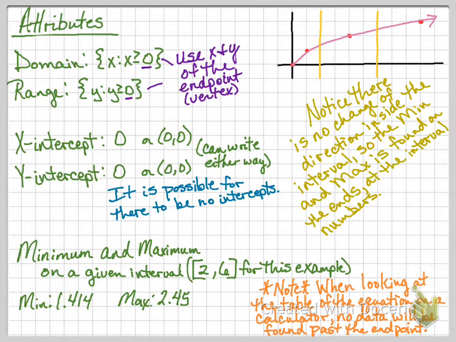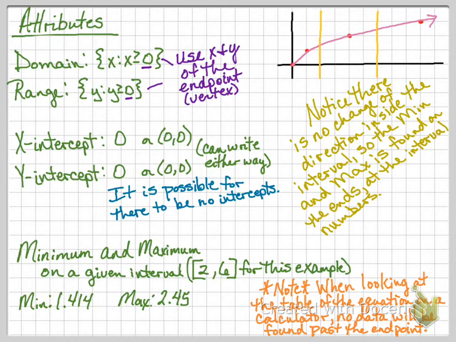You're going to have x is greater than or equal to a number, y is greater than or equal to a number, that number is going to come from the endpoint. So whatever our endpoint is, we will use that x and that y in our domain and our range.